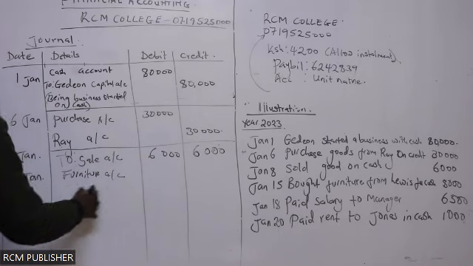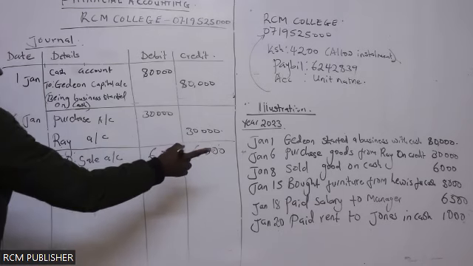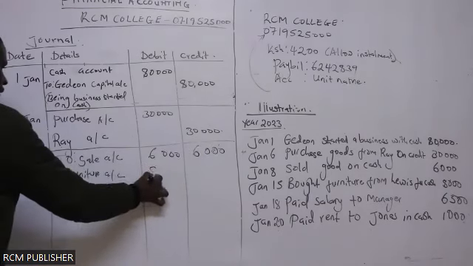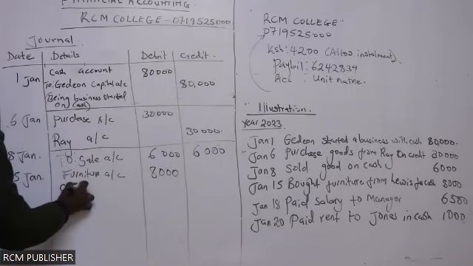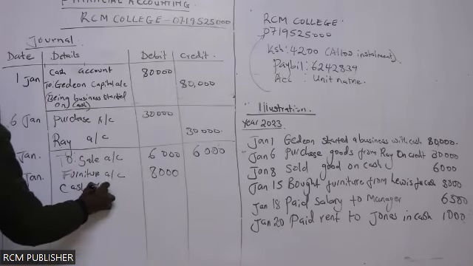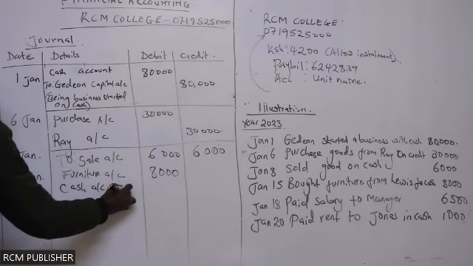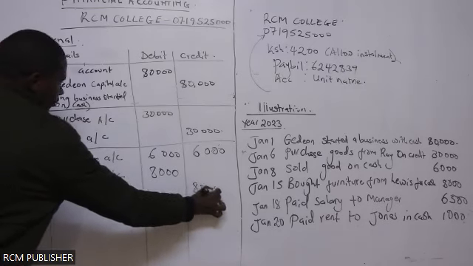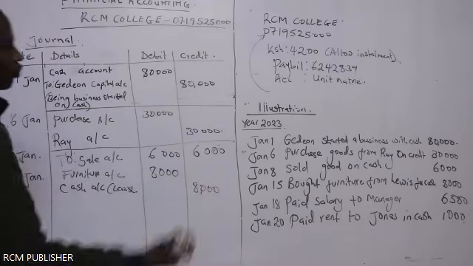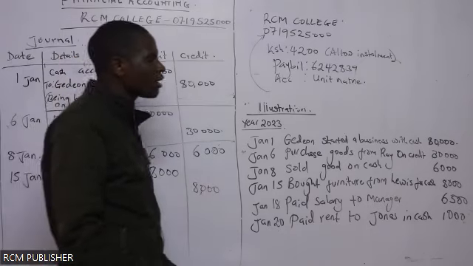How much was the money? It was 8,000. And then we have to credit cash, with 8,000, because it was done by cash.